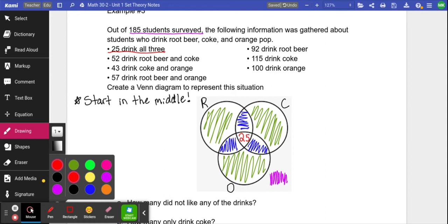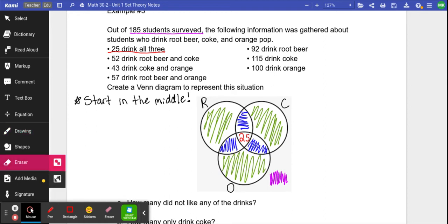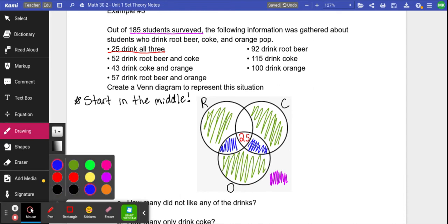Then work your way out. So I have those 3 blue sections that would be next. The blue section above, that would be you drink root beer and Coke. When you look at this, it says 52 people drink root beer and Coke. So the mistake people make is they put 52 right here, which is incorrect.